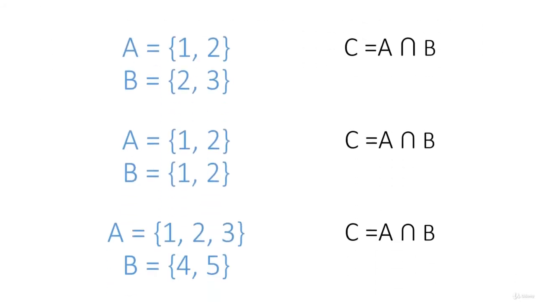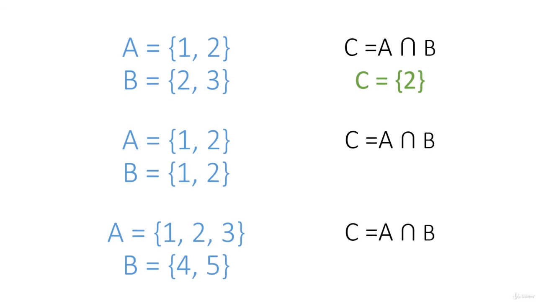If A contains 1 and 2 and B contains 2 and 3, the intersection of A and B will be a set containing 2, because 2 is the only element that is in A but also in B. So you can imagine this as if you have two boxes and you are taking only the elements that are in both boxes.